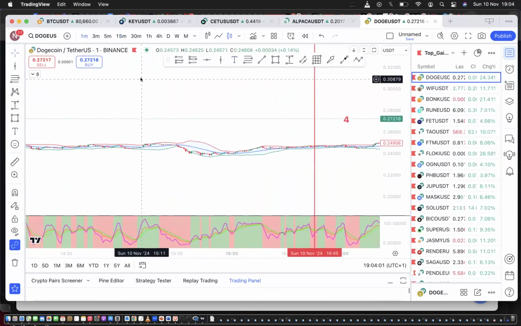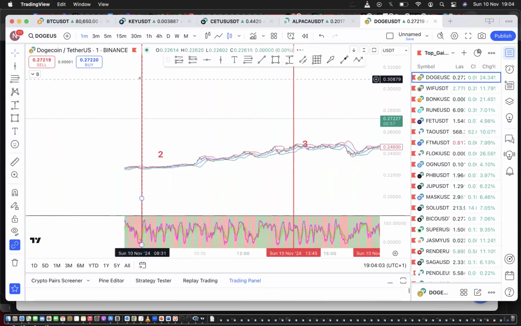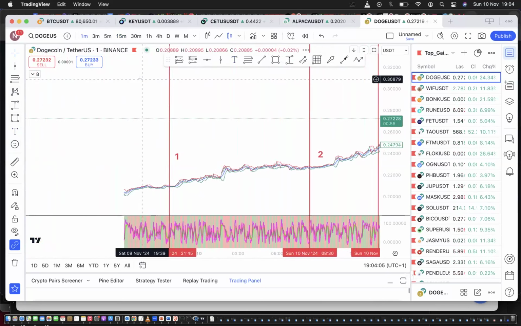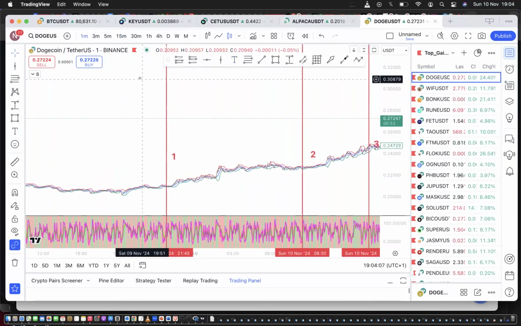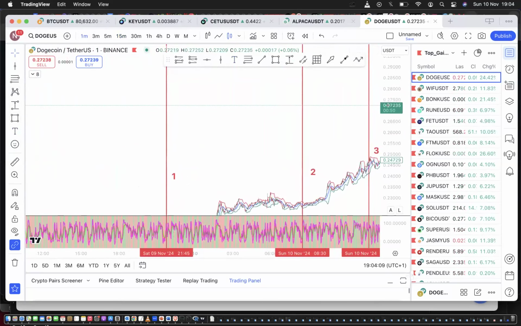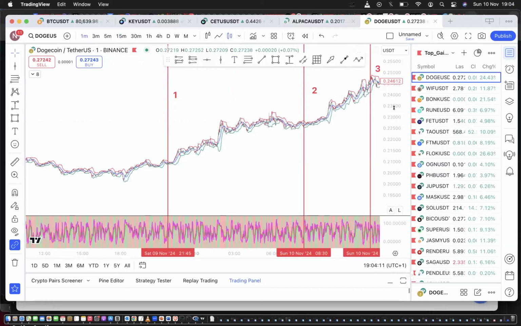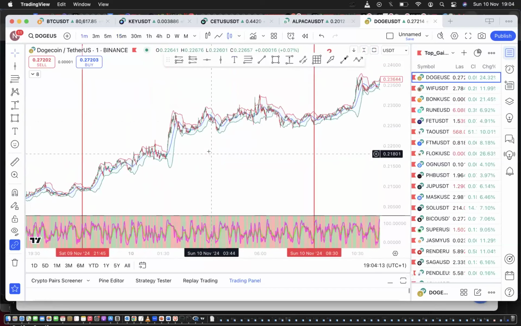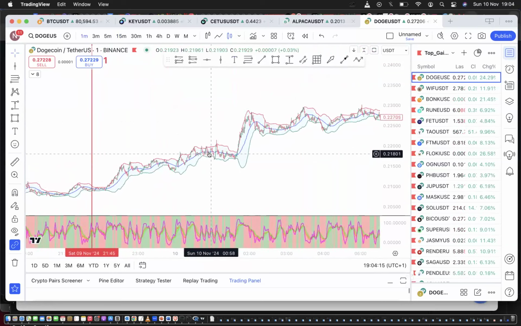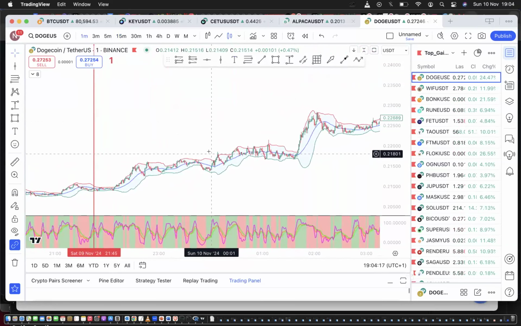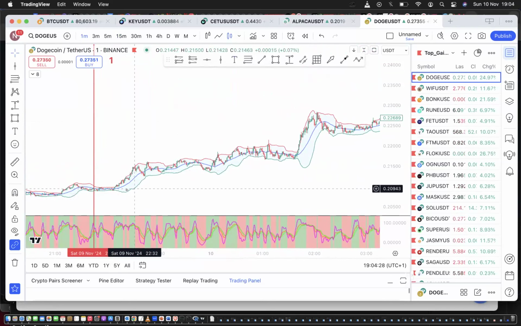All right, so here we are on the 1 minute chart. You have to learn to resize your TradingView as you wish. So look at it here. I have to zoom this in. So here we are.